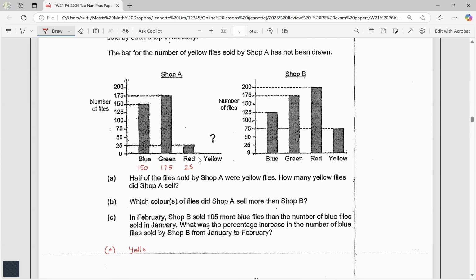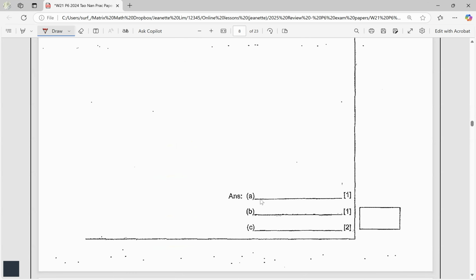So yellow would be 150 plus 175 and 25. Okay, so the answer for part A is 350.